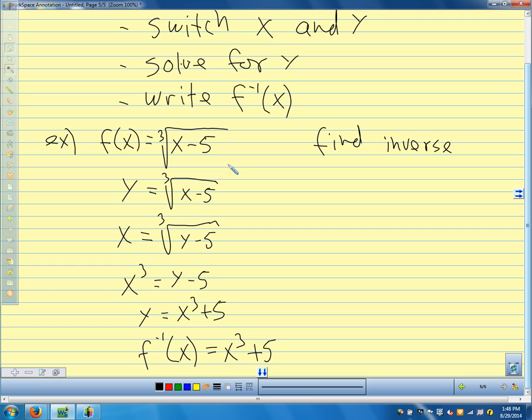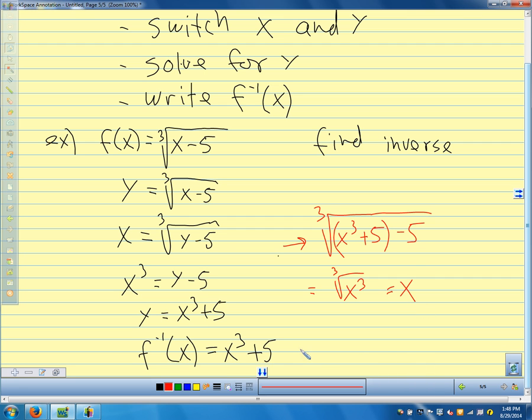Questions there? Yes? What do you mean by form the composition? If I wanted to form the composition, I would do the cube root of, and I'm going to plug this in for x, x cubed plus 5, minus 5. So I'm just plugging f inverse in for x. And this gives me the cube root of x cubed, which is x.